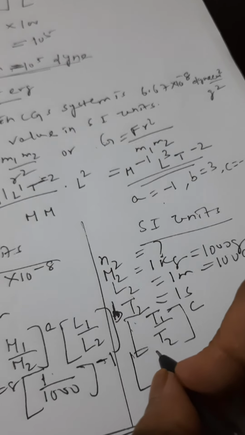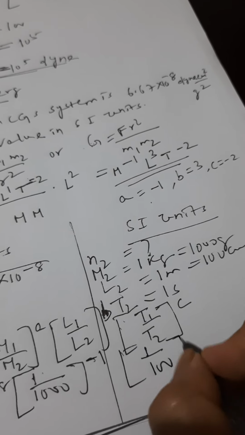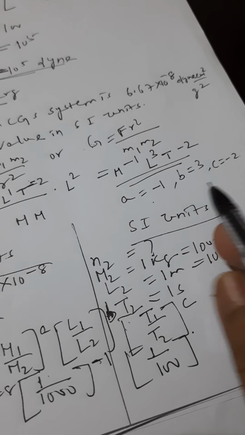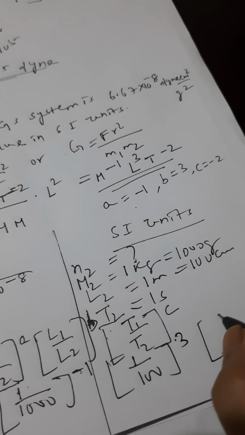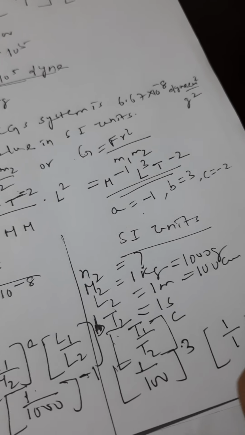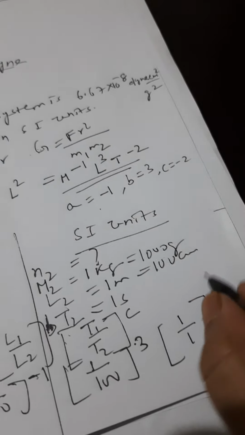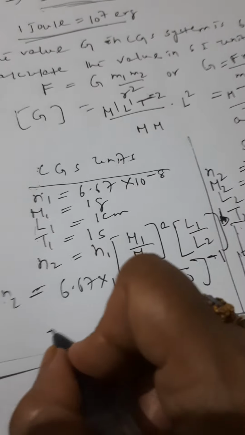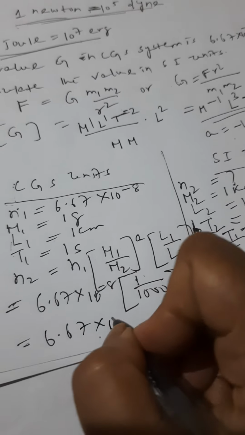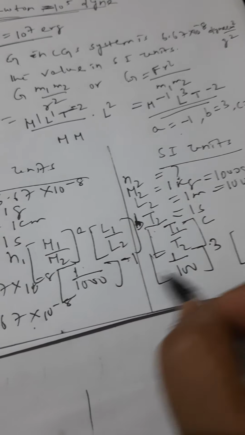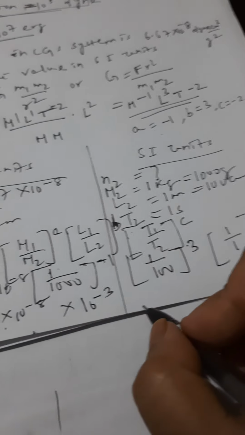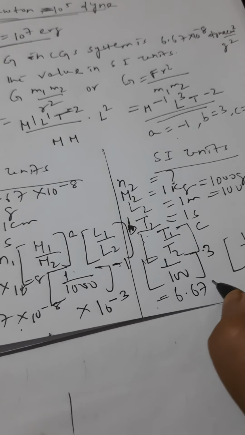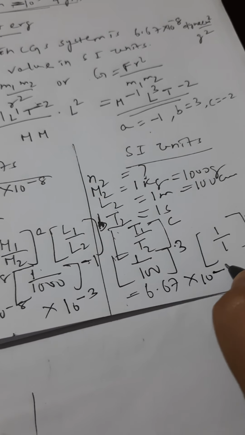Then L1 by L2, 1 by 100 whole to the power b, b is 3. Then T1 by T2, 1 by 1 whole to the power c, c is minus 2. Simplifying 6.67 into 10 to the power minus 8, this is coming 10 to the power minus 3, which is equal to 6.67 into 10 to the power minus 11.